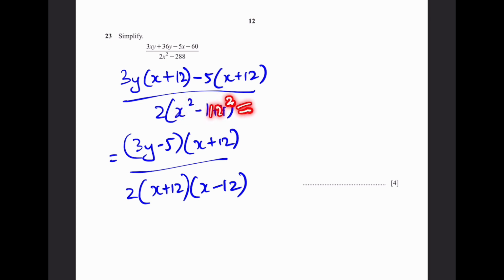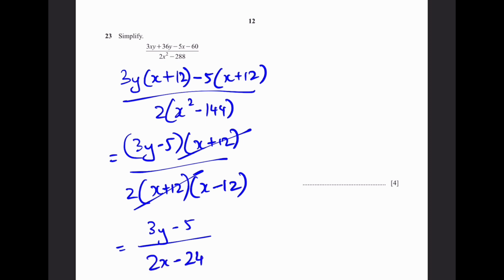So that is a plus b into a minus b, which I've written over here, x plus 12 into x minus 12. So now we can cancel out the x plus 12s in the numerator and denominator. So that will be 3y minus 5 by 2 into x minus 12, which is 2x minus 24 in other words.